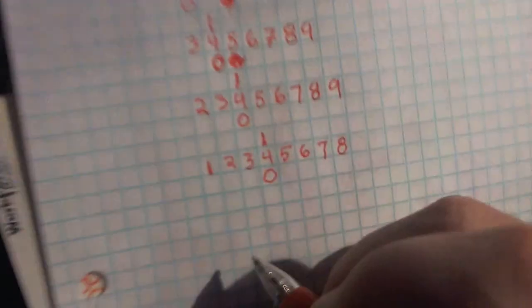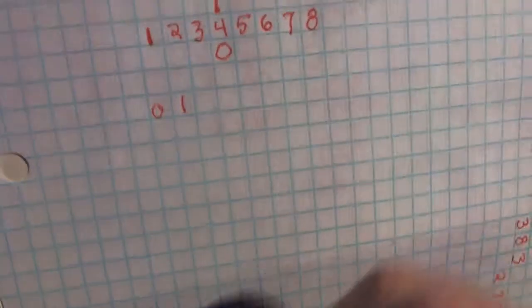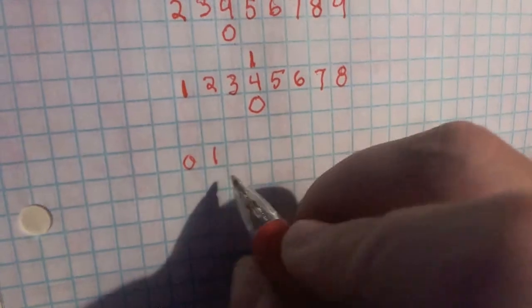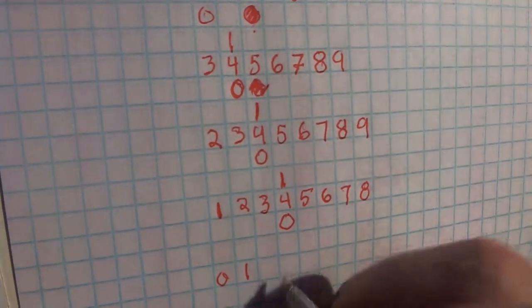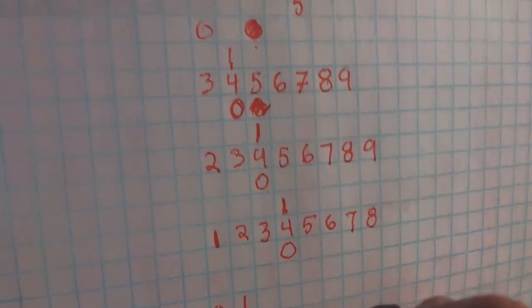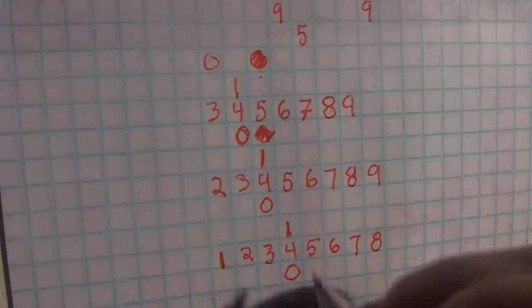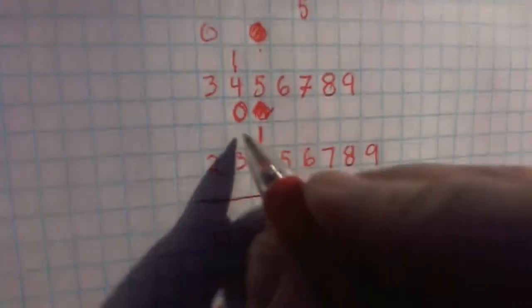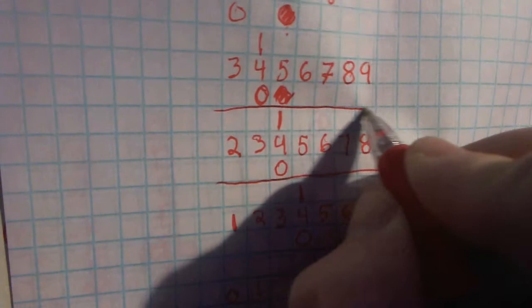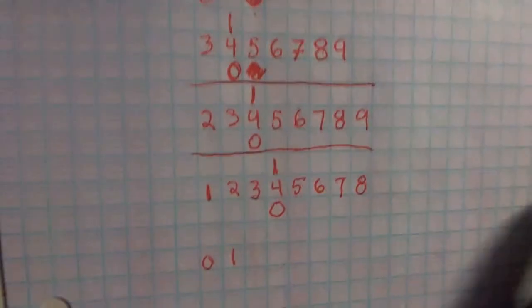So if we compound it now, 0, 1. And we didn't have these steps, you see how it breaks down? And what this is saying is that this is right angle of each other right there. You don't see that.